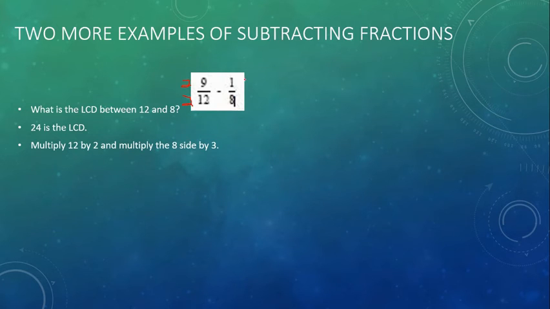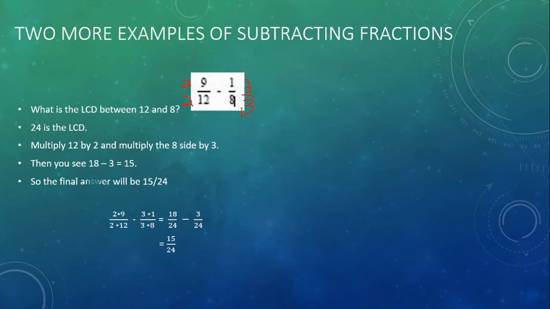And then over here, we're going to multiply the top and bottom by 3's. So then we're going to get 2 times 9 minus 3 times 1. So we'll have 18/24 minus 3/24. And that means that we will have a final answer of 15/24, which we can reduce then to 5/8.